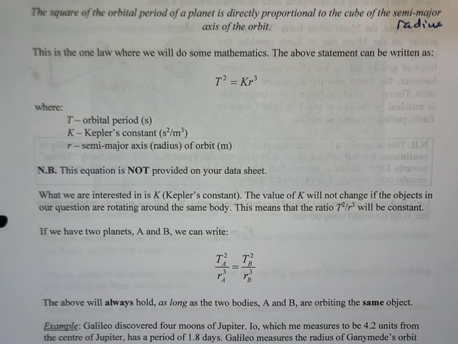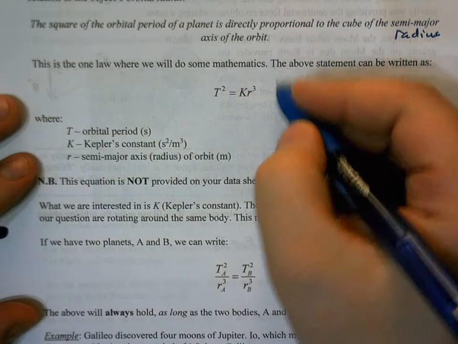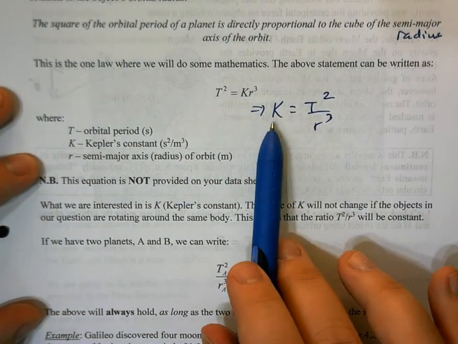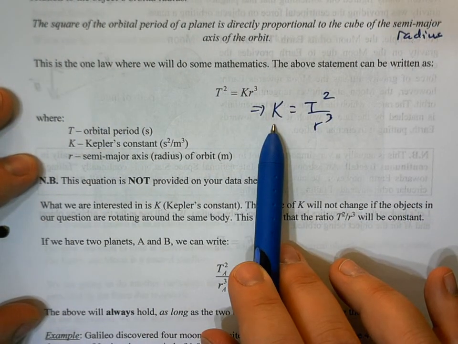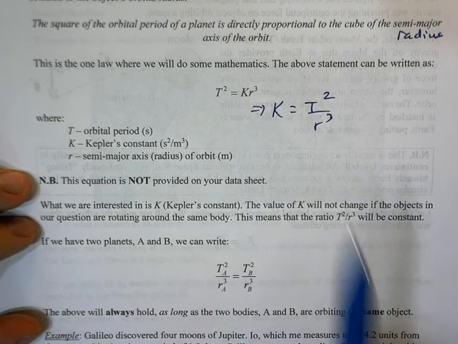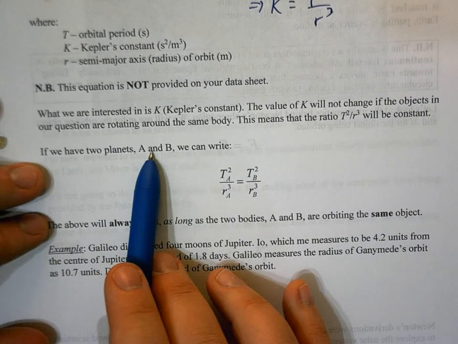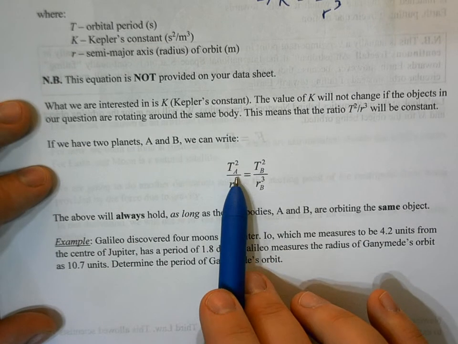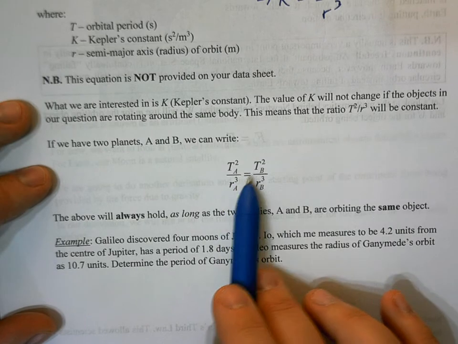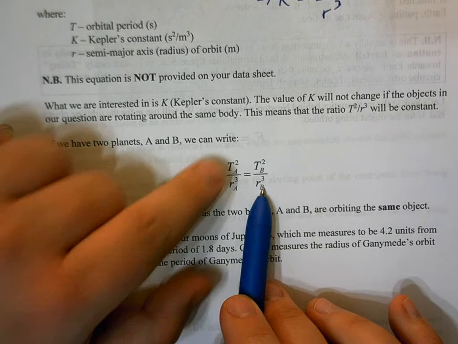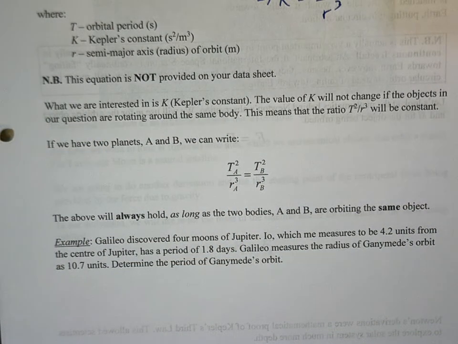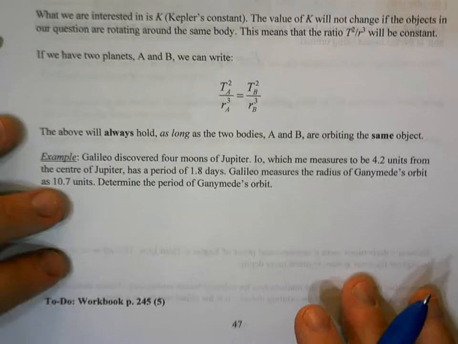So if we rearrange to k equals T squared over R cubed, then for two planets A and B orbiting the same star, we can write that T squared over R cubed for one planet is equal to T squared over R cubed for the other, because both are equivalent to Kepler's constant. Let's use this in an example.